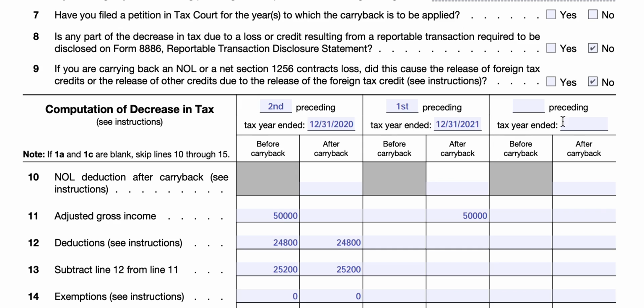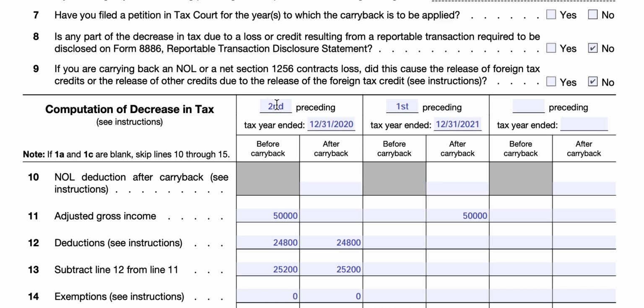So up here, I followed the example in the form instructions. I simply pre-filled this form by outlining the computation of decrease. You have 3 columns for years preceding the tax year. So in the first year preceding the tax year, we'll just assume this is a farming operating loss, so you can carry back as far as your second preceding year, and you're going to carry this farming loss back 2 years.